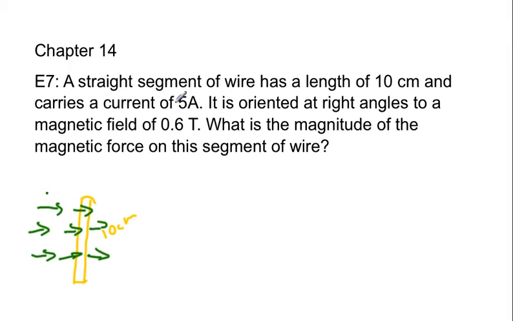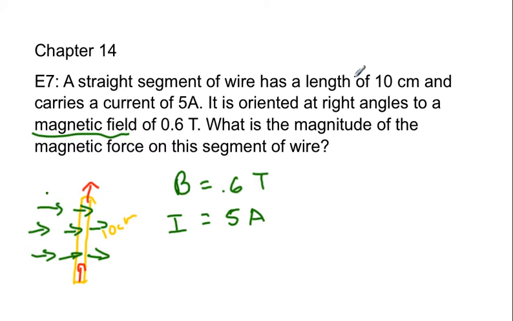Well, let's look at that. Let's write out everything we know. We know the magnetic field is 0.6 Tesla, and this is a little abstract. Hopefully you've read the notes on this section. The current is 5 amps, so there is a current going through here this way.